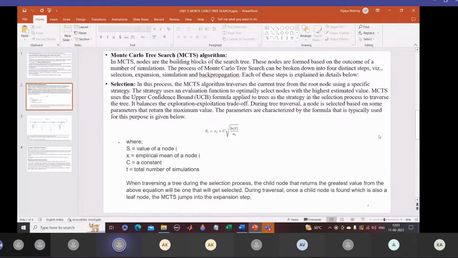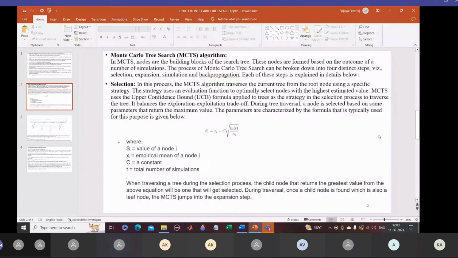This formula is applied to the tree as a strategy in the selection process to select the optimal node.